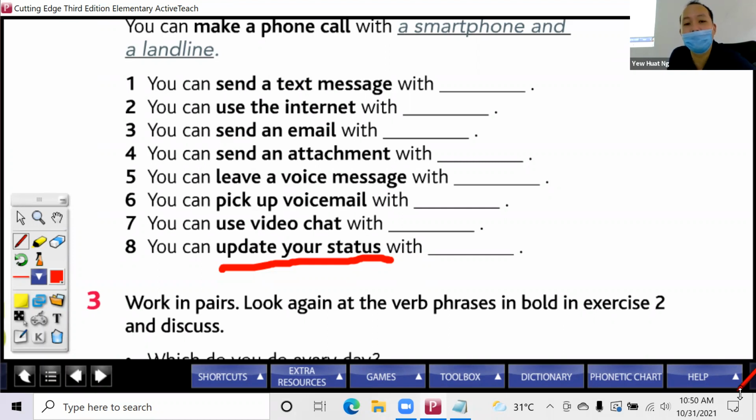Currently, what are you doing? Okay, update your status like studying right now. What else? Are you single? Are you married? That is also a status.